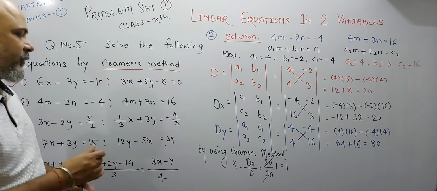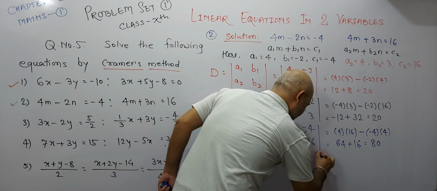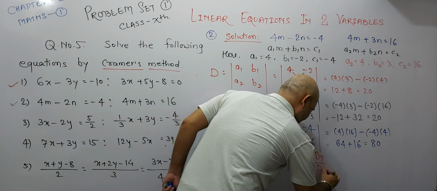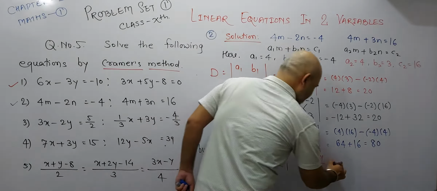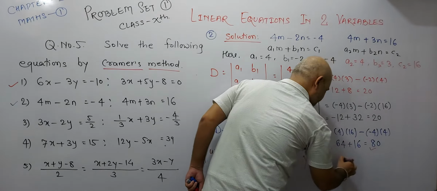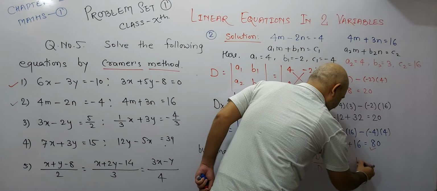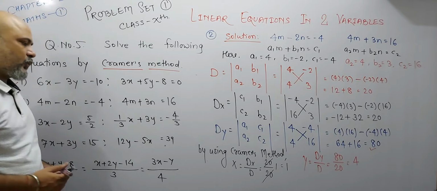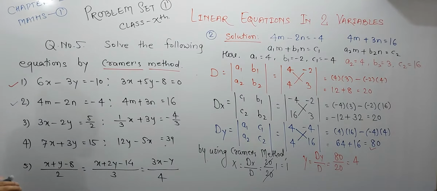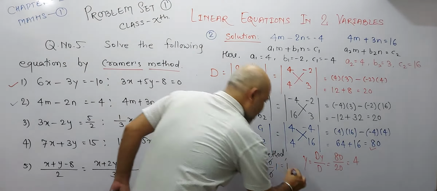Now we find the value of y. So y is equal to dy divided by d. And what is dy? Dy is 80. So 80 divided by d, which is 20, you will get 4. So x is 1 and y is 4. And finally you write the answer.